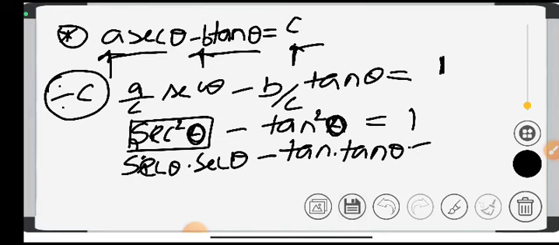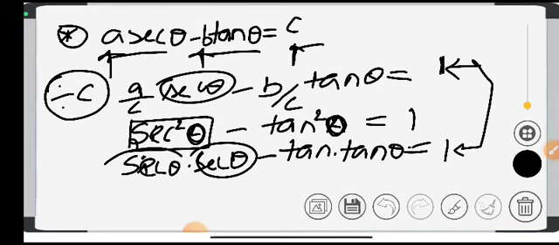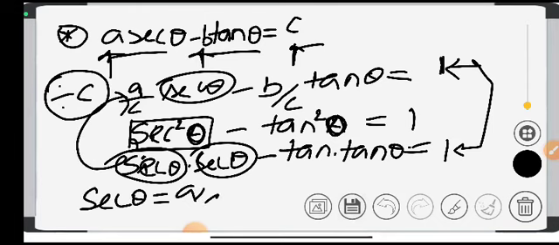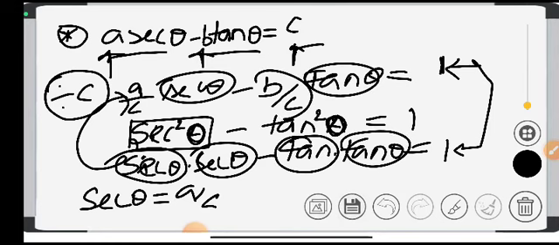No problem, is equal to 1. So both of them are compared. Secant theta is a upon c, and tan theta is b by c.